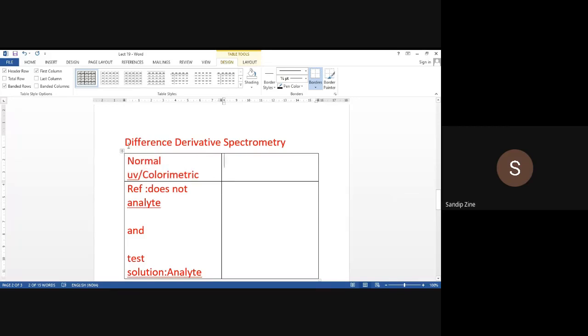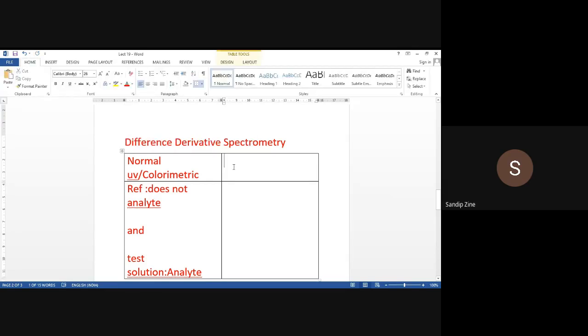Now we will move on to difference spectrometry. In difference spectrometry, two solutions are used. Here also two solutions are used. I am writing: two solutions, both of which contain the same reagents in the same concentrations.